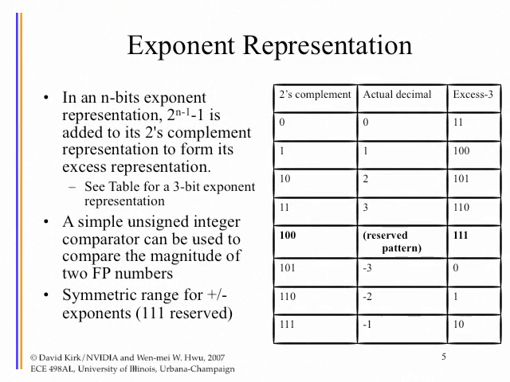For the exponent, it turns out that if you go and look at the binary data from a floating point program, sometimes the binary data doesn't seem to make sense because the bit patterns are a little different than you would expect. The reason is we actually don't use what we call the two's complement representation for the exponent. The exponents are represented with what we call the excess-n representation.